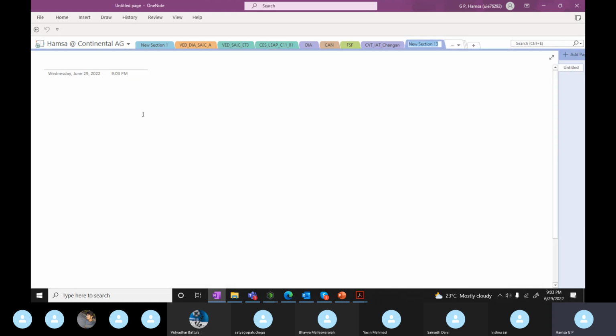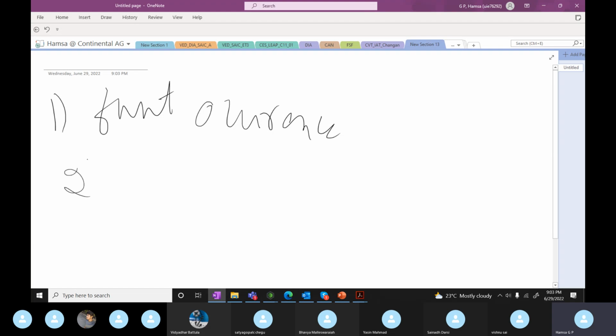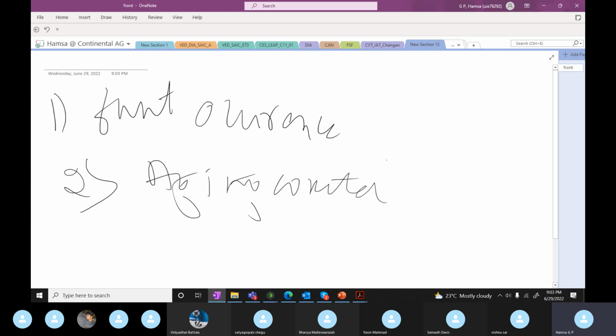One thing is fault occurrence. The second one is the aging counter. Usually these will be present by default, but it depends on the project, based on what they think is the critical information.